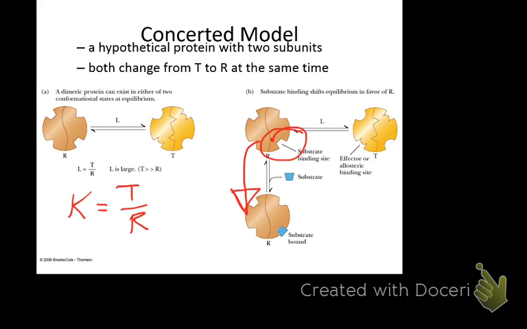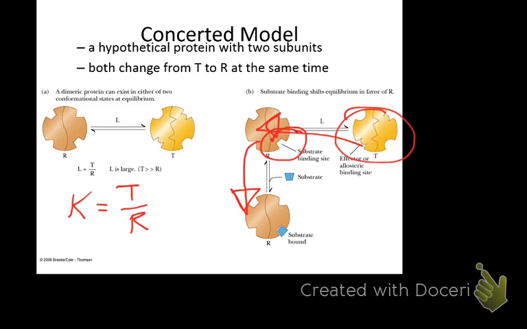And so by forcing the equilibrium down due to Le Chatelier's principle, it's going to pull some of the parts that had been in T over to the R to replace it. So that's why you add substrate. It's going to take some of it from the pool that was already existing in the R state, and just since you're removing some of that, you're going to cause it to convert over from the T state to the R state. Okay.